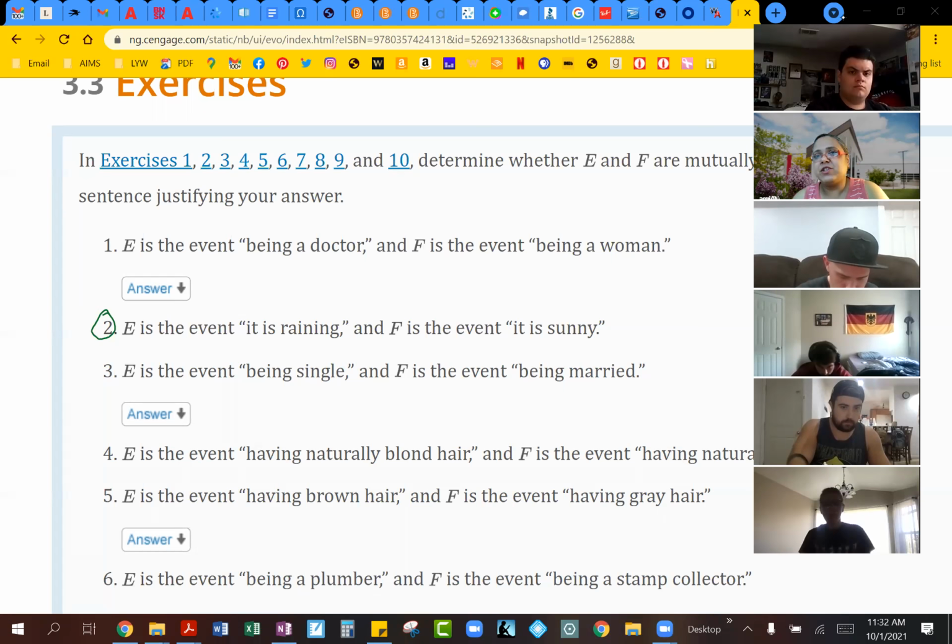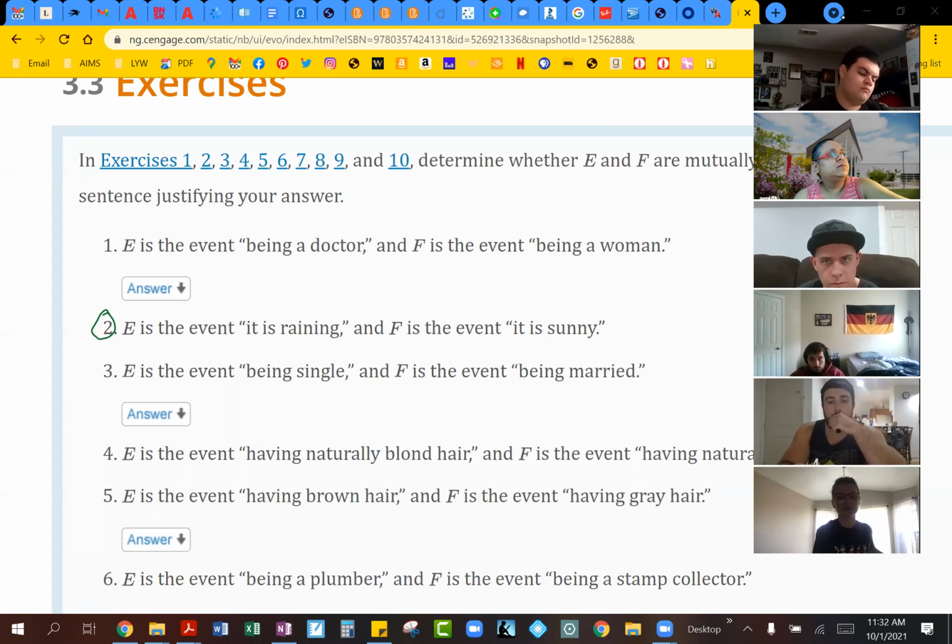So basically the question is, can these happen at the same time or not? So what do you think? Are they mutually exclusive or not, and why? I think they're not mutually exclusive because it has to be cloudy for it to rain.